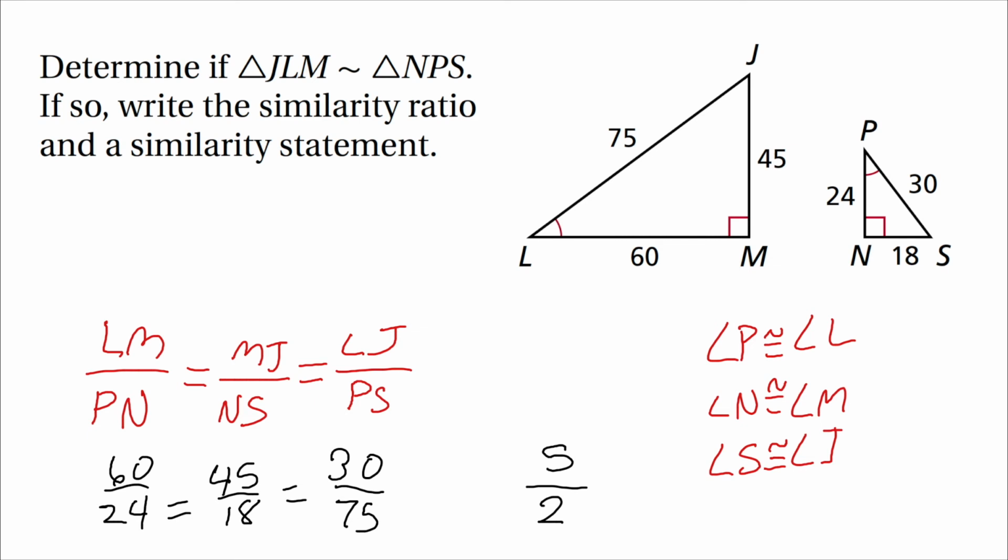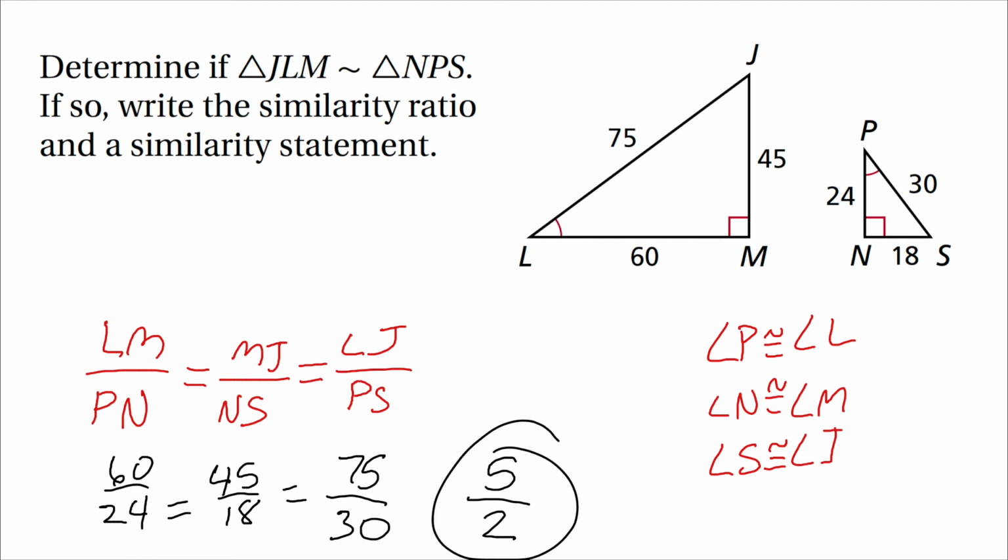The common factor of 45 over 18 is 9, so that's 5 over 2. And 75 over 30 would also be 5 over 2, the common factor there being 15.